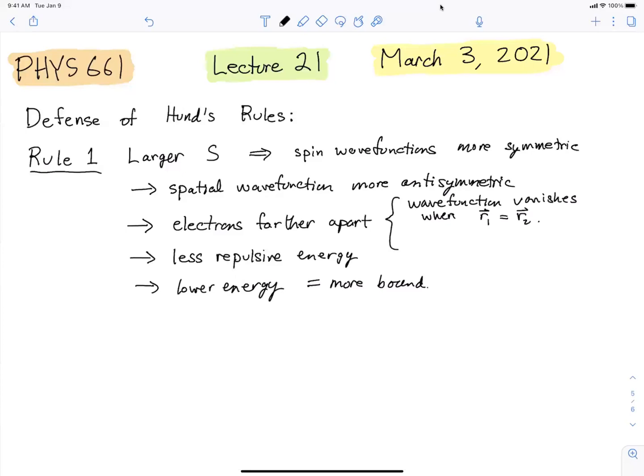And so if they vanish when the coordinates are equal, then that means they're going to be small when the coordinates are almost equal. So by continuity, the wave functions are small when r1 and r2 are close together. Okay, and then the rest of the argument is then you get less repulsive energy, and so a lower energy means the state's more bound.